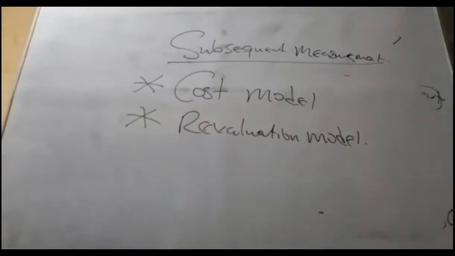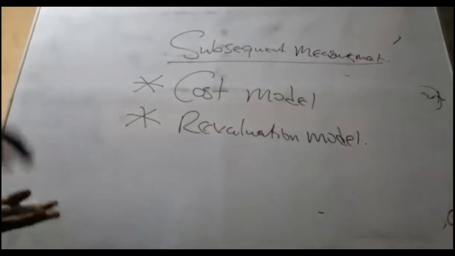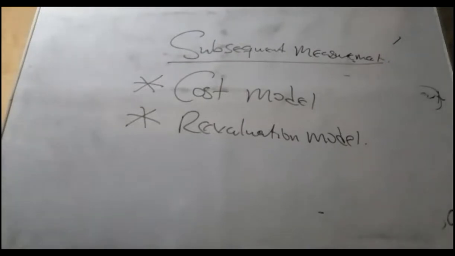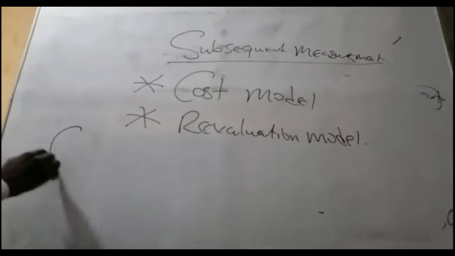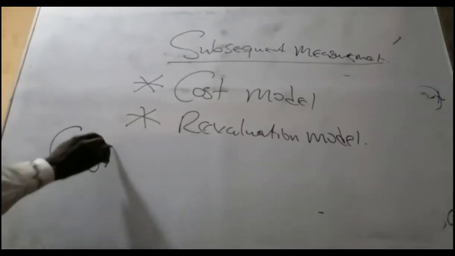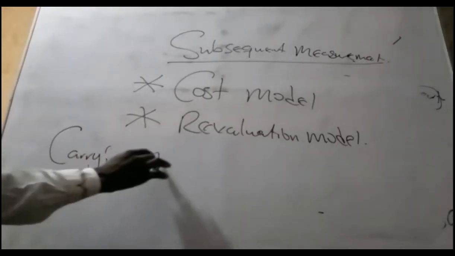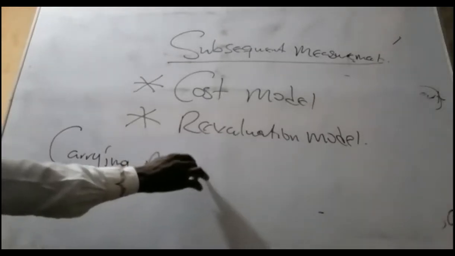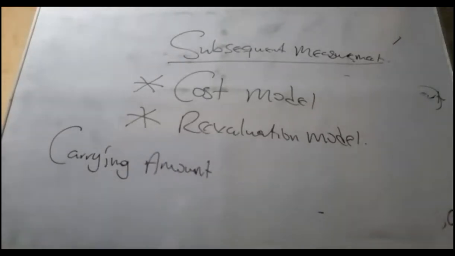All of this, they are looking for one item. They're looking for the value to be placed on that plant or the PPE. We call it carrying amount. All of them are just giving us a formula for how we can arrive at the carrying amount.